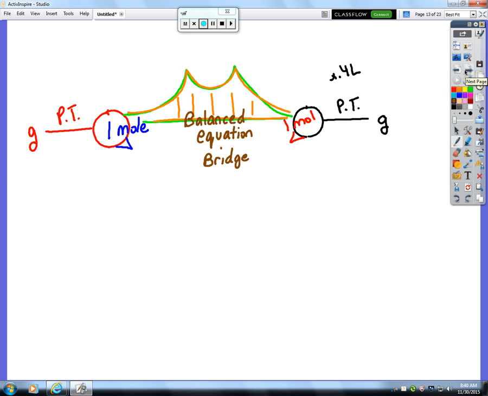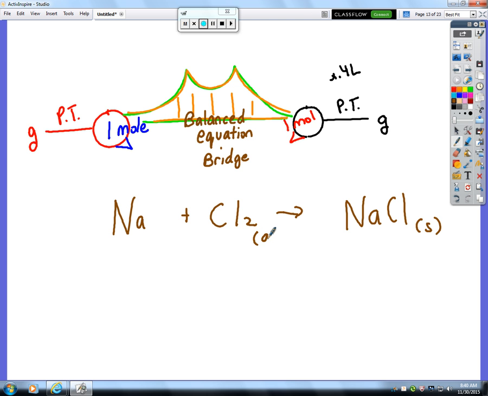So to start off with, I'm going to have an equation, which is sodium plus chlorine makes 2 NaCl. Excuse me, I shouldn't put the 2 there. Just makes NaCl. And if you see S here, that means solid, and G means gas. This equation is not balanced.